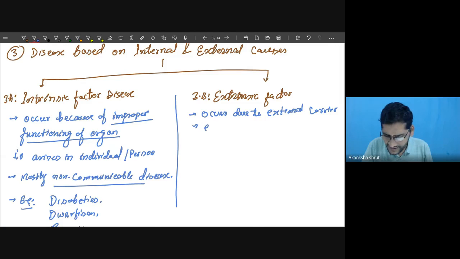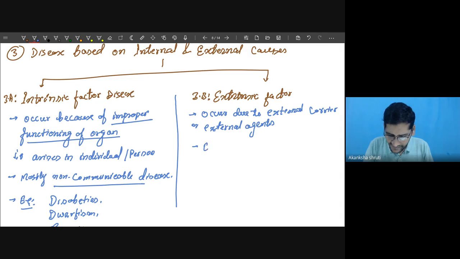Also called external agents. Okay, student. This may also include insufficient diet intake, but mostly these are because of the external factor or external agent.